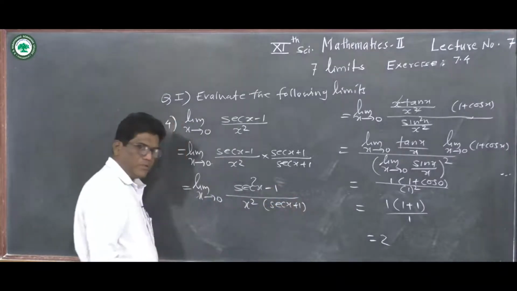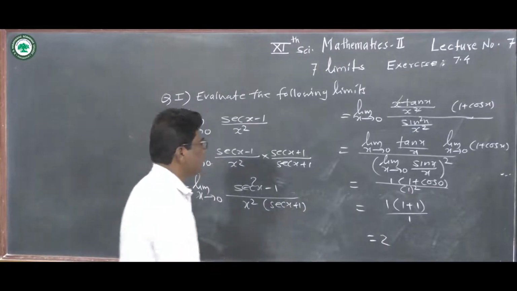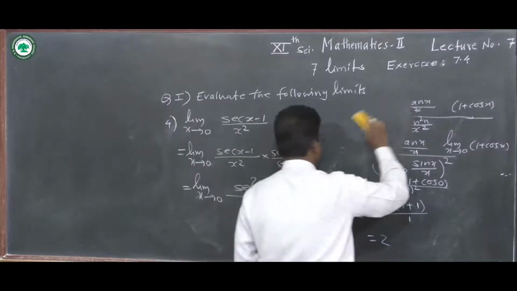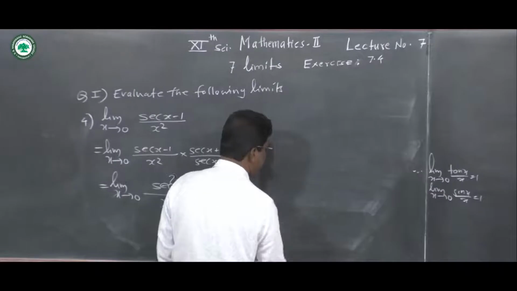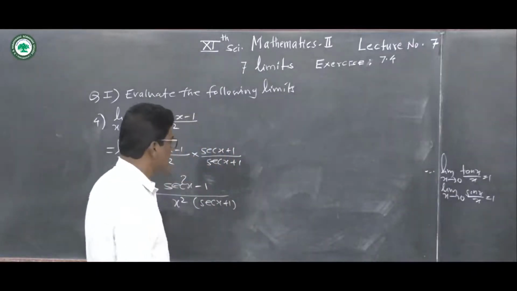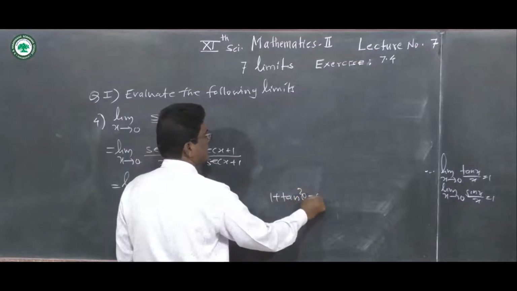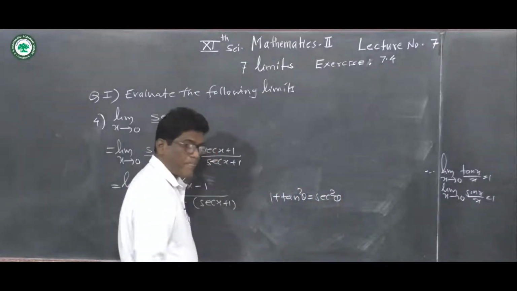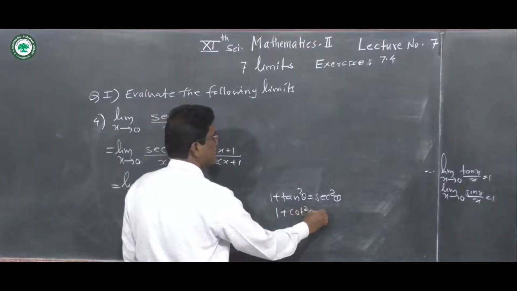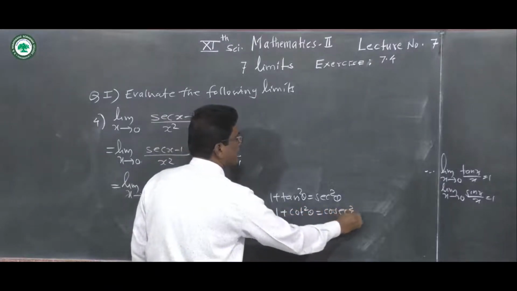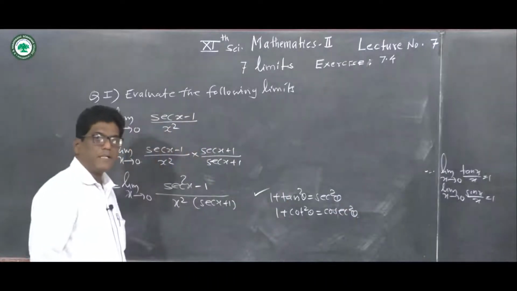Okay, now here we have seen the fundamental identities. Second fundamental identity: 1 plus tan square theta is equal to sec square theta. And the third one is 1 plus cot square theta is equal to cosec square theta, but here there is sec square x, so we have to use the second fundamental identity.